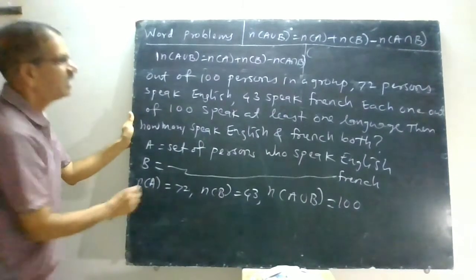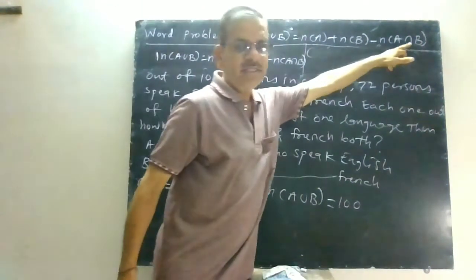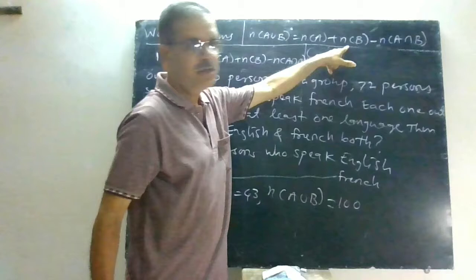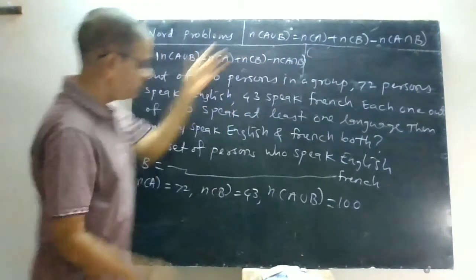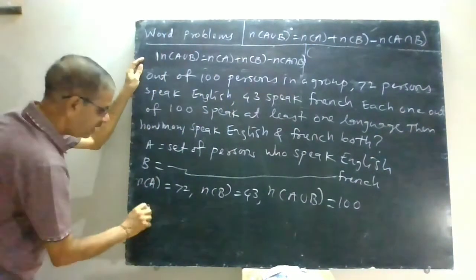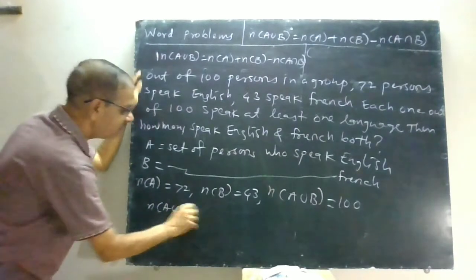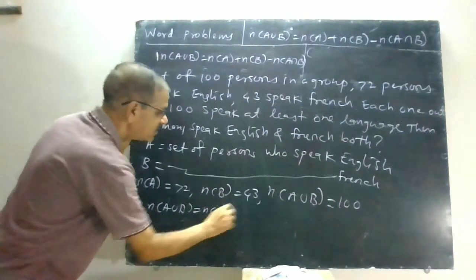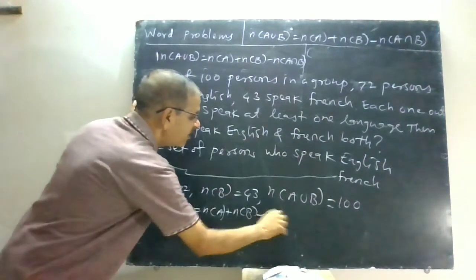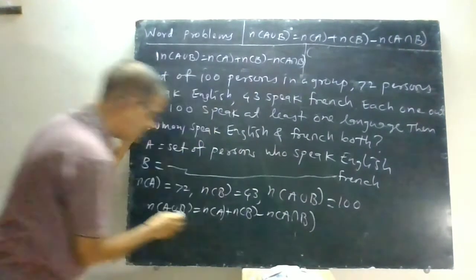Now and means intersection, that you know, and this is given to you, this is given to you, and this is given to you. So directly if you use this formula, n of A union B is equal to n of A plus n of B minus n of A intersection B. Now just put the values.